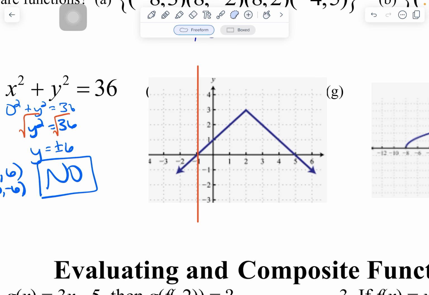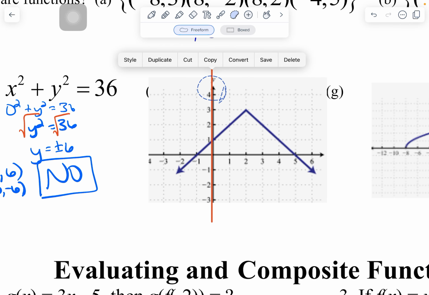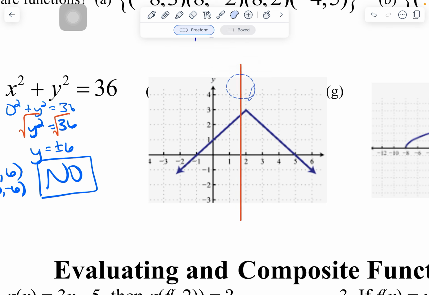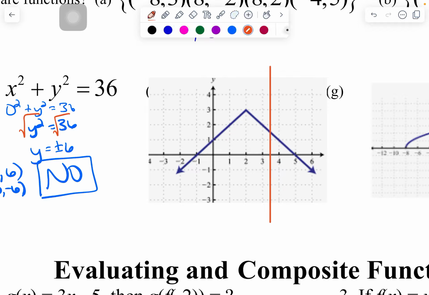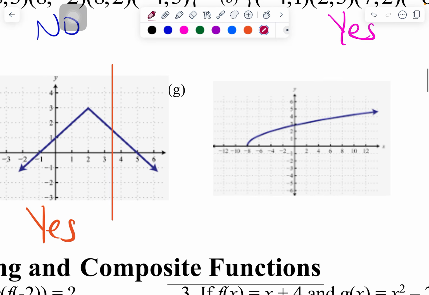Now, as I move it, I'm only ever touching this V-shaped graph in one point at a time, right? So stop there. There's one point of intersection, one point, one point. There is no place on here where that vertical line ever touches more than once. And so, yes, that is, in fact, a function. It's an absolute value function.